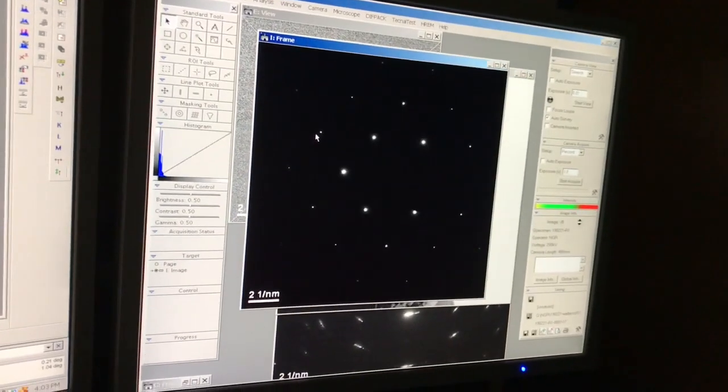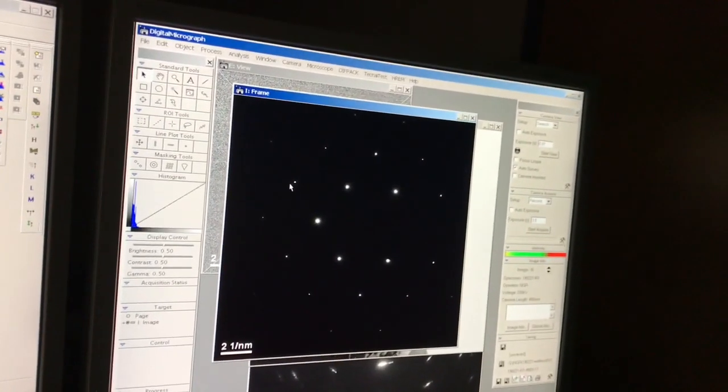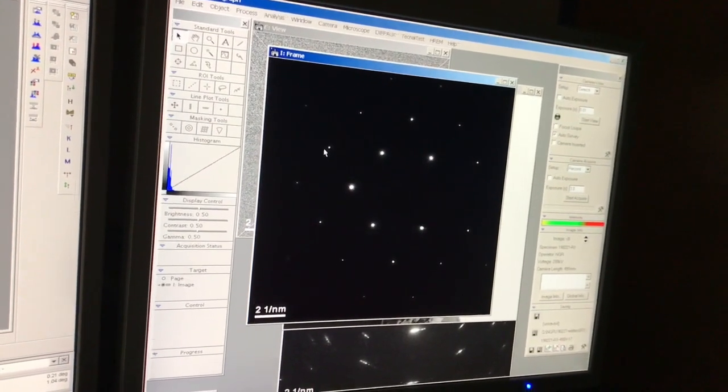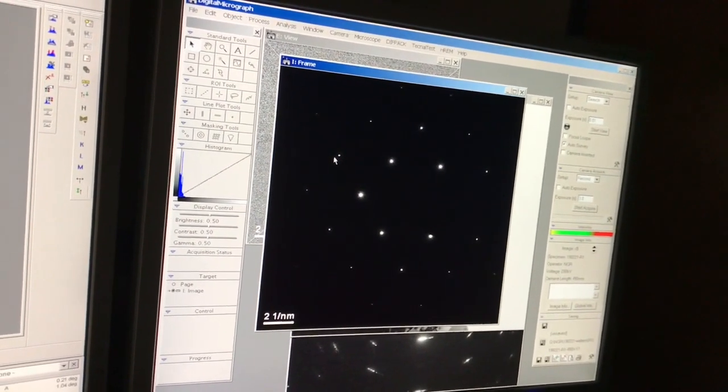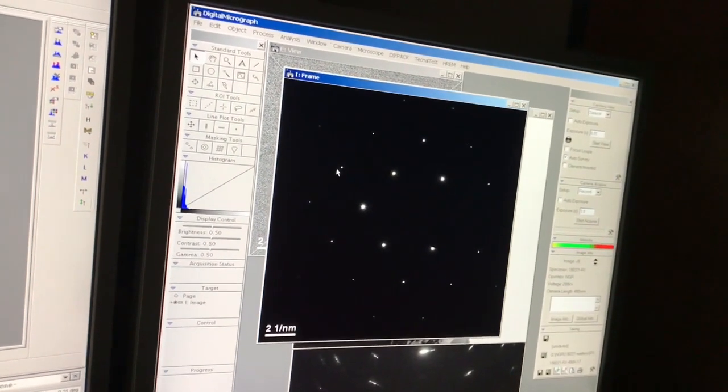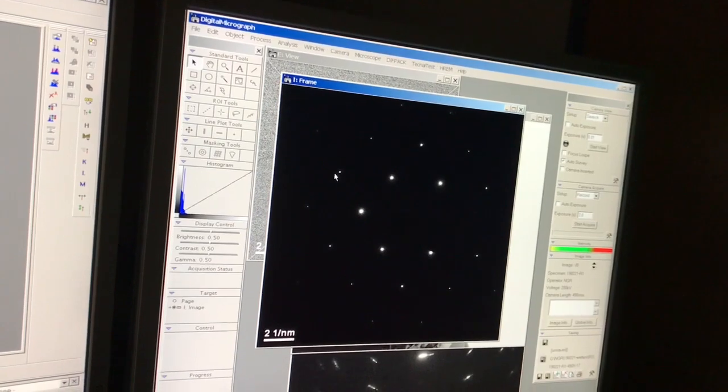Without going into all the theory behind it, the diffraction pattern is really a look at the reciprocal lattice or reciprocal space of your specimen, or in this case where you're collecting the diffraction pattern from.